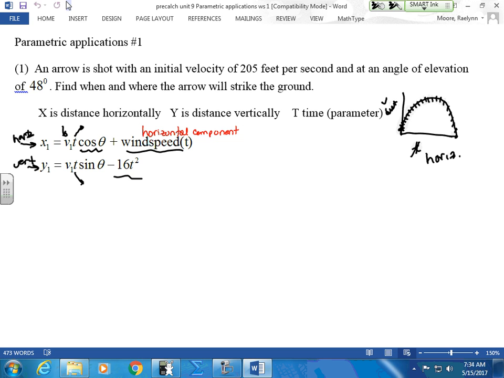Notice the wind speed has a time, has a T also, because isn't speed like miles per hour? So you have a time factor in your speed. And wind speed, usually they'll give us a feet per second, and we have to kind of convert things. Or they'll give us a mile per hour, and if we're in feet per second, we're going to have to convert your wind speed. But for now, we're just going to take a basic one.